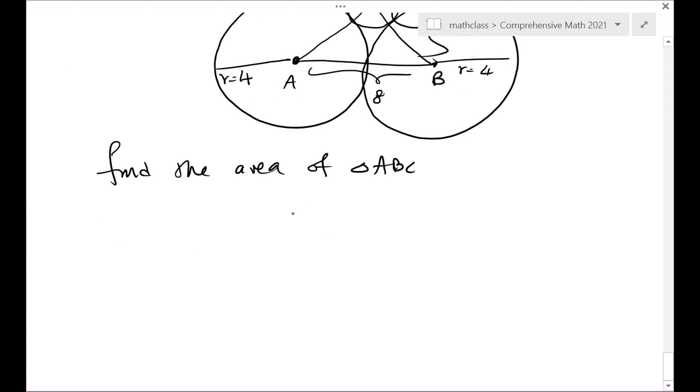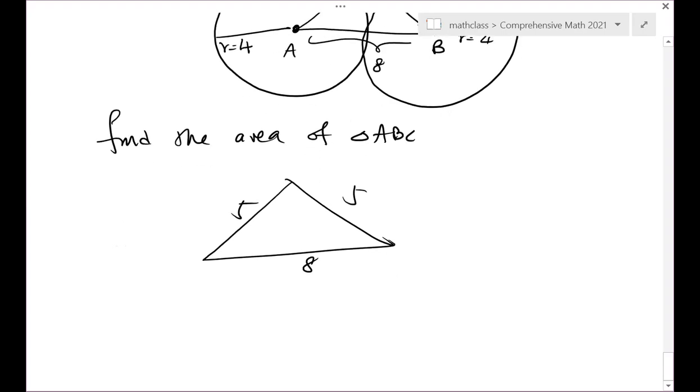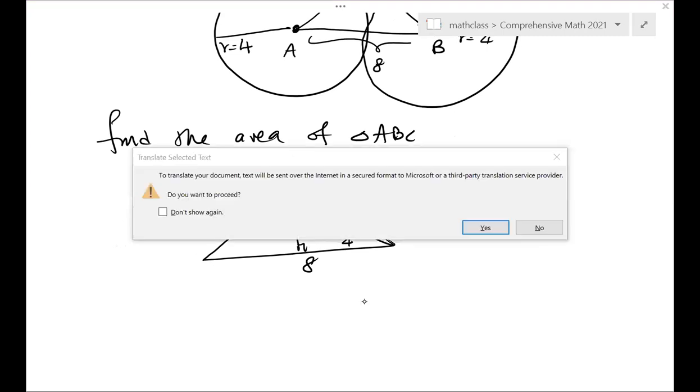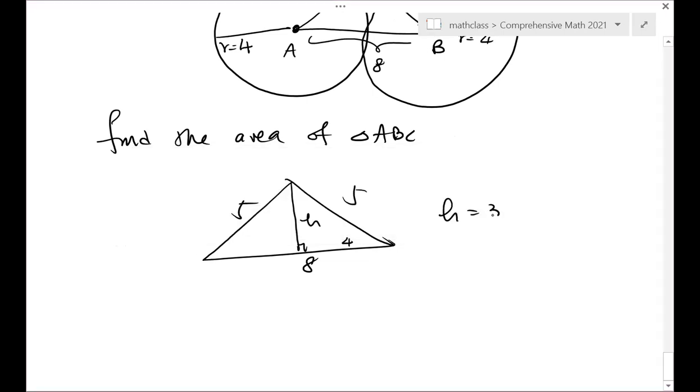So you get the triangle: 5, 8, 5. Then you find the area of the triangle. You draw the height, h. This side is 4, so obviously h is going to be 3. If h is 3, then the area is half of the base times the height, so it's going to be 12.